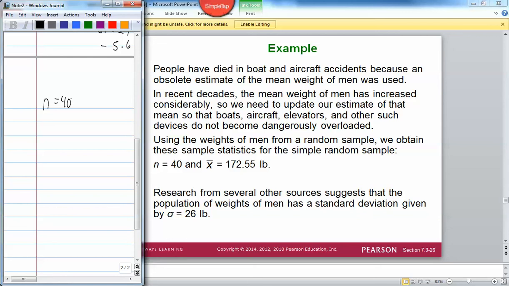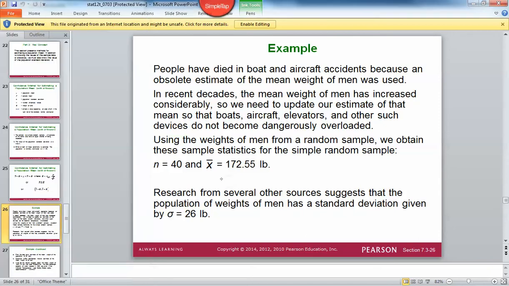N equals 40, X bar equals 172.55. Research from several other sources suggests that the population of weights of men has a standard deviation given by 26 pounds. All right.